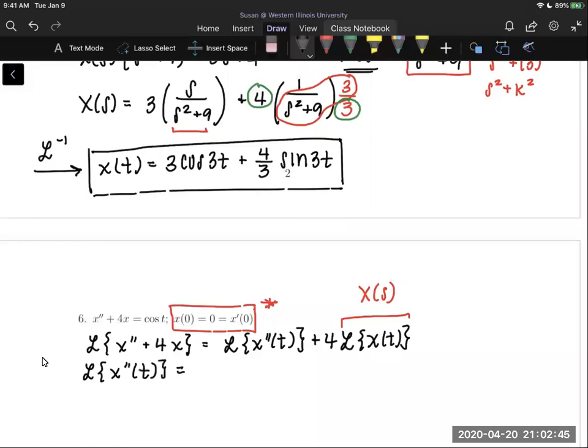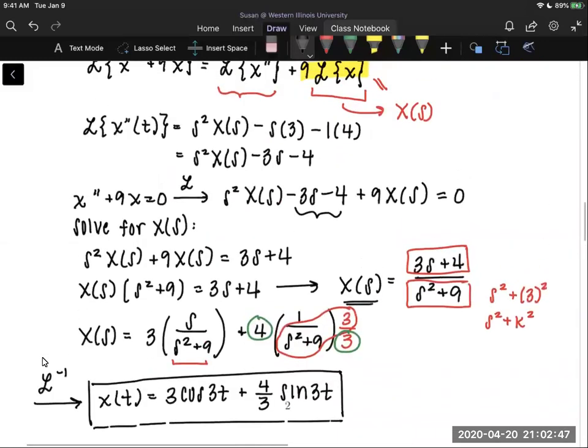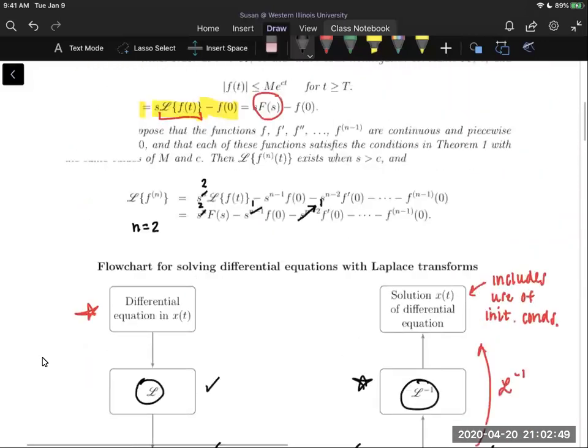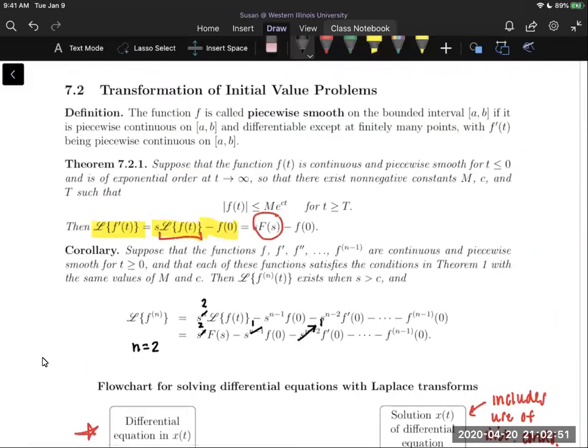And so that's using that corollary yet again. So if we go back to that, we have s squared X of s, and then in this case, all of these initial conditions are going to 0. So what that means is we're not going to get any of those preceding terms.